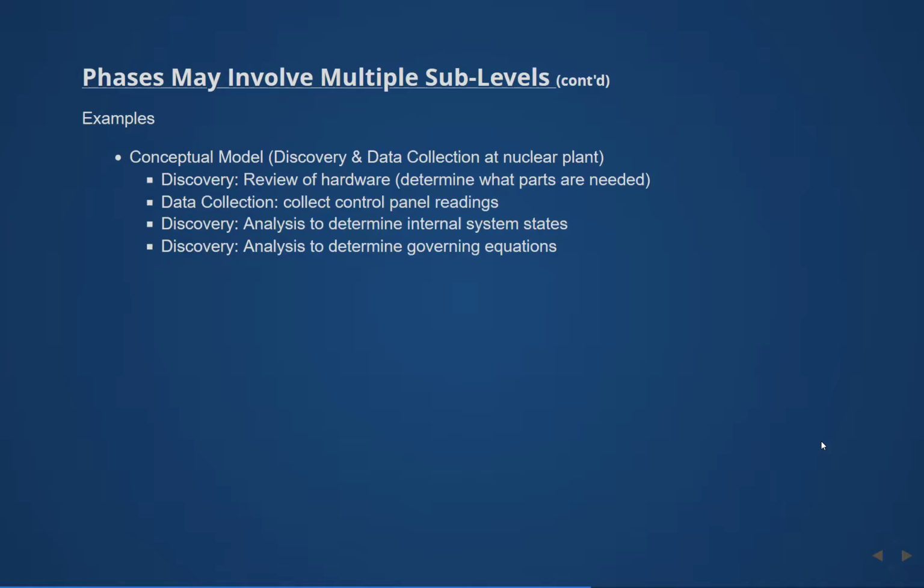And every one of those systems has a whole pile of components, and all those have connections to a whole forest of control panels. So the original discovery phase is a review of the hardware, and it determined what parts we have to think about.